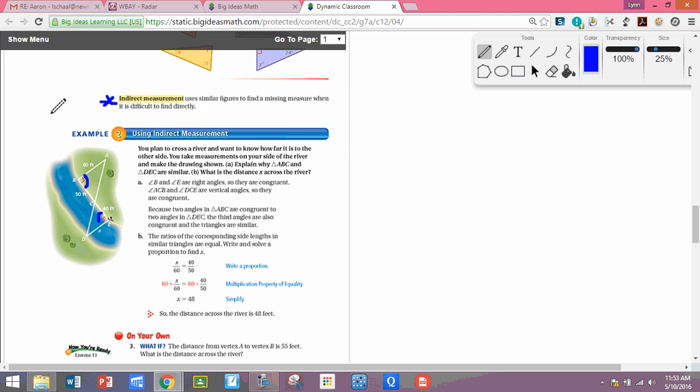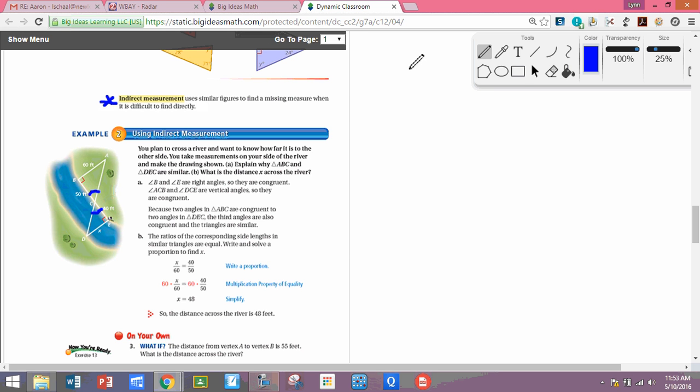So how do we know if the third angle is going to be equivalent? Well, you know that because this angle and this angle are vertical angles, and vertical angles are equivalent. So now you have two measures of angles. So you know that the third angle has to be equal, which means they're similar.